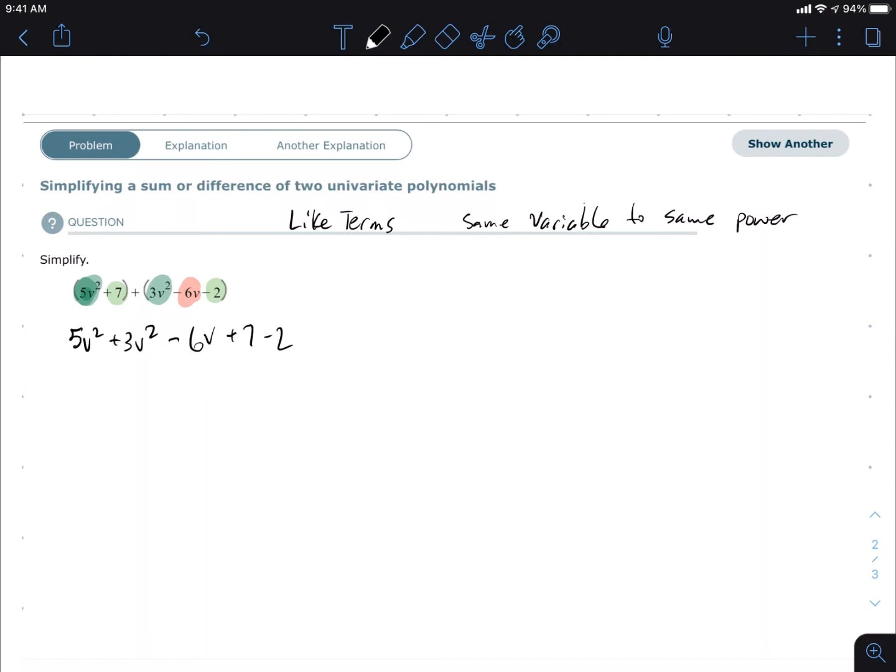So 5v squared plus 3v squared is 8v squared. There's nothing to add with the 6v. And then 7 minus 2 would give me plus 5. And this is my answer. We okay with that?